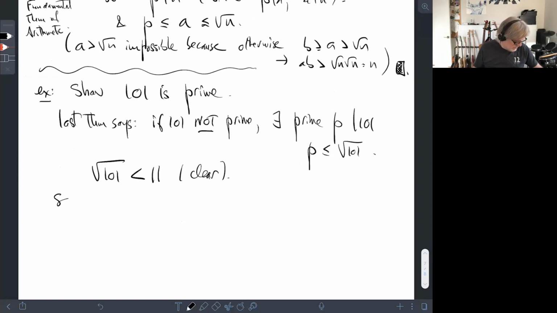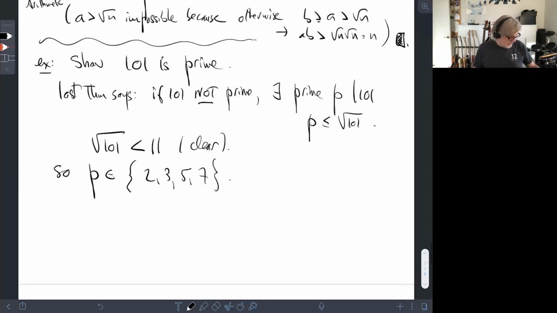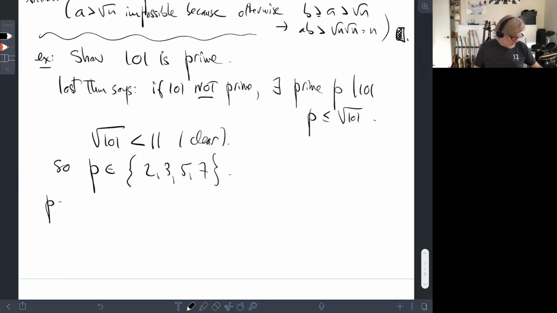So p must be 2, 3, 5, or 7. We're going to rule them out one after another, and that's easy. So can p be equal to 2? No. Does 2 divide 101? No, 101 is odd.